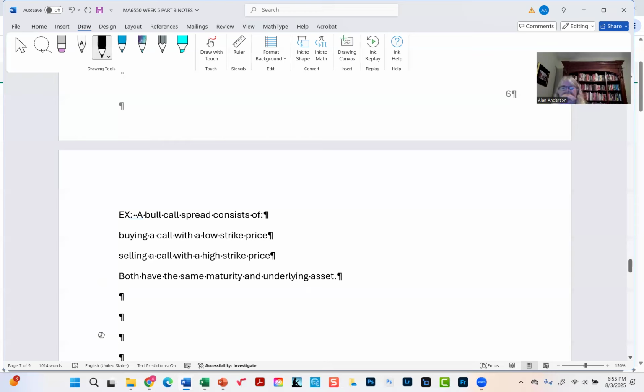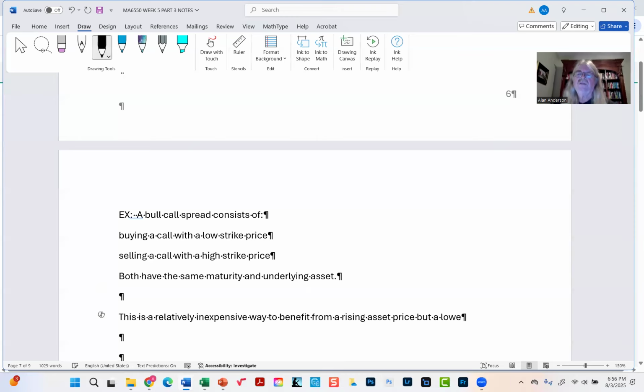What is that going to get us? Well, this is a relatively inexpensive way to benefit from a rising asset price, as we'll see from the graph, but at a lower cost than simply buying the call.